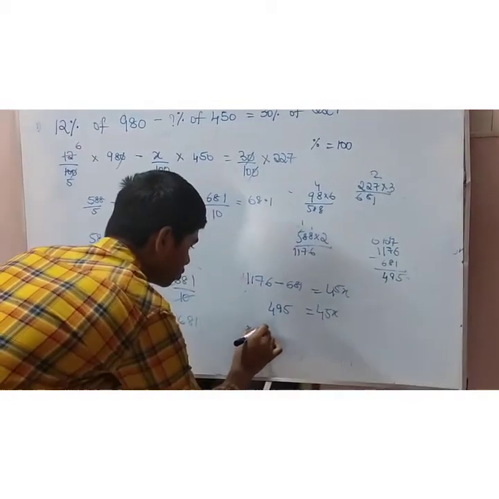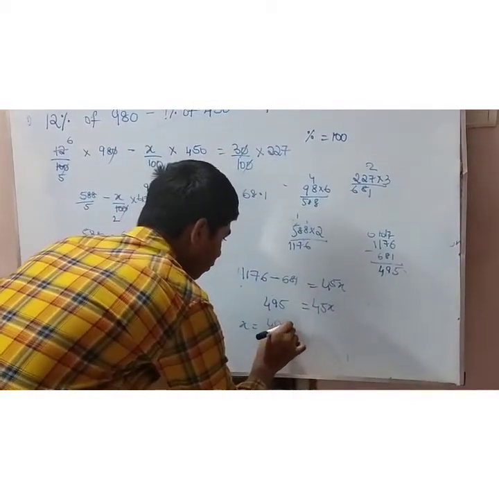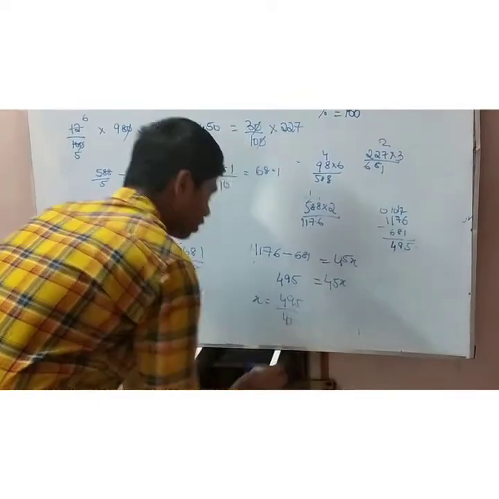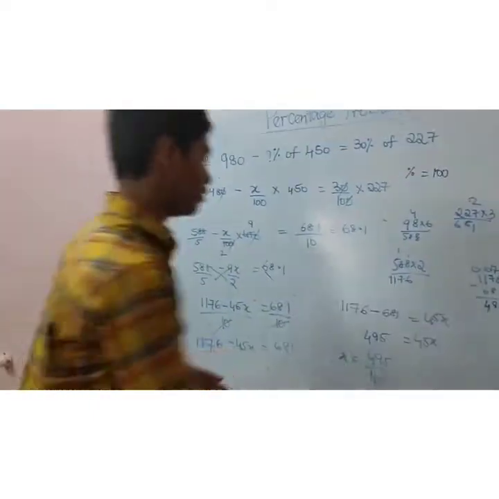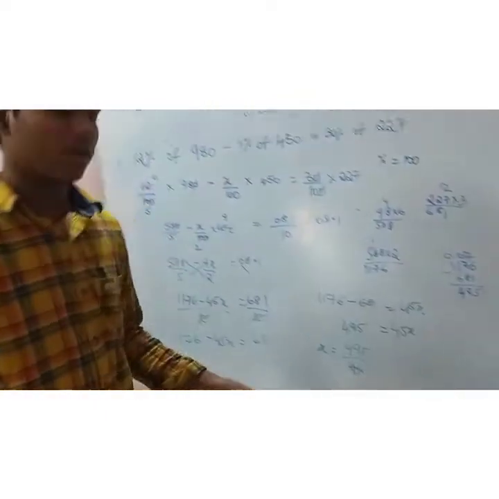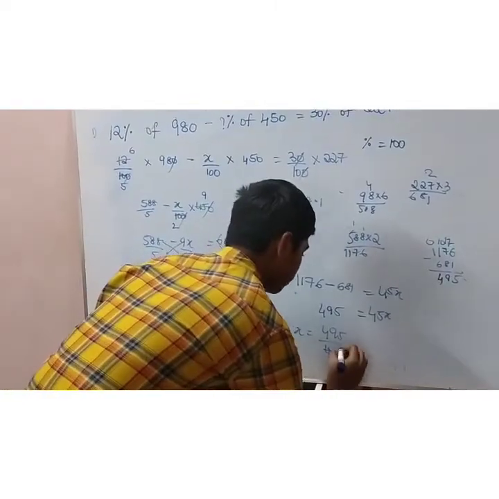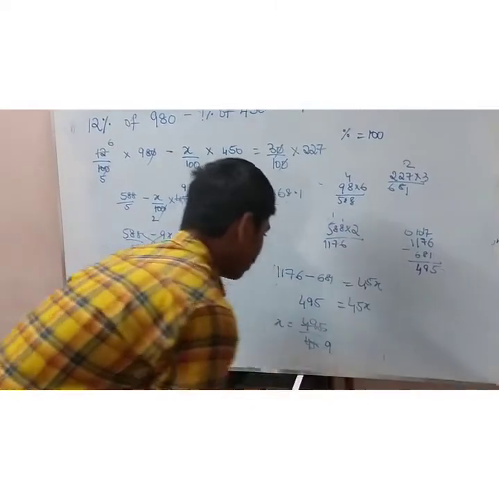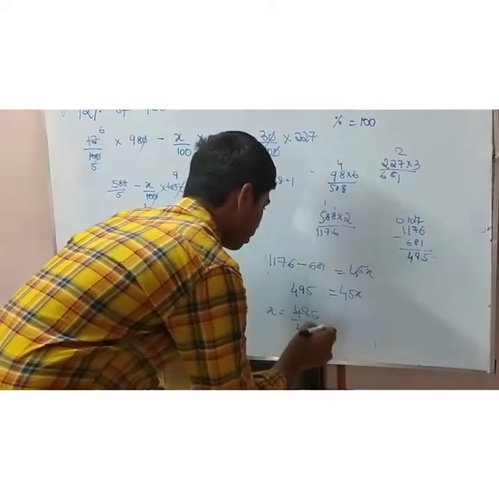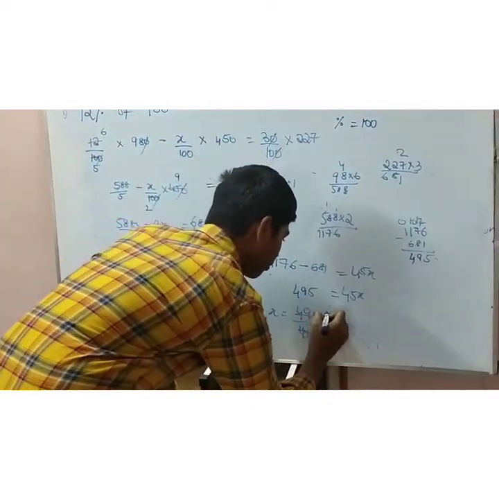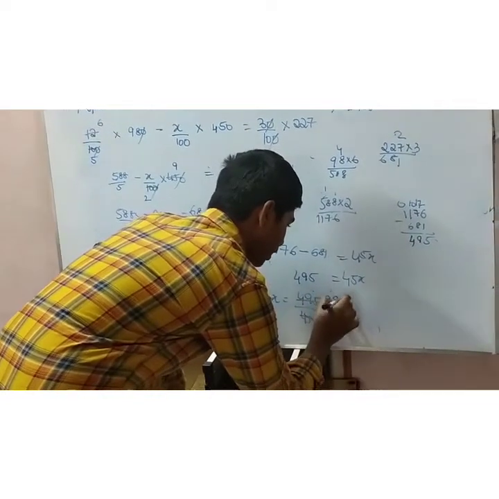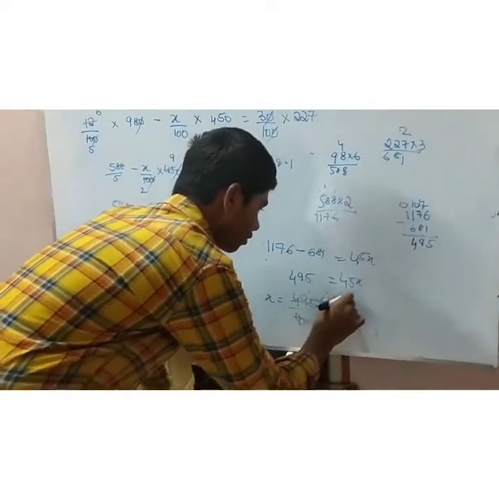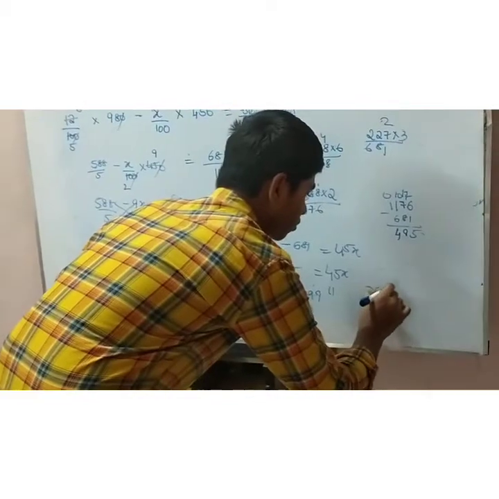Now x is equal to 495 by 45. Now we want to divide with the 5 table, or else we can divide with 45. I will divide with 5. 5 9s 45, 99. 9 1s 9, 11. X is equal to 11.